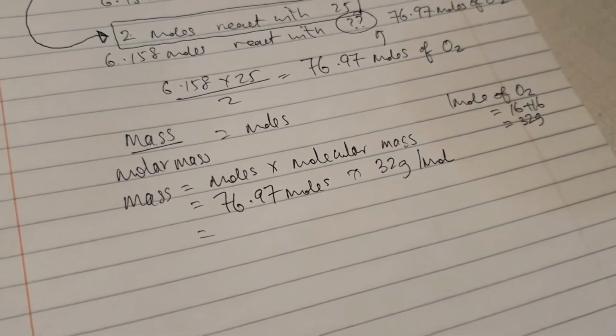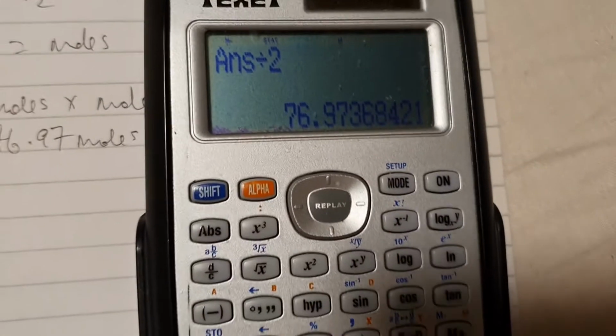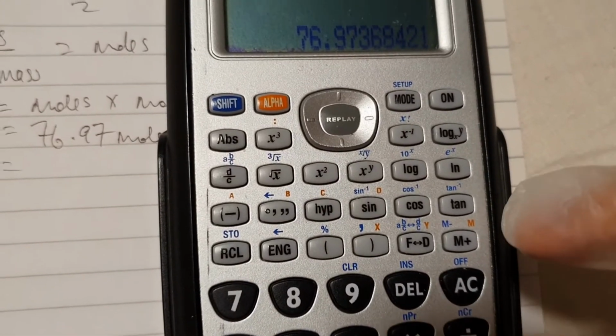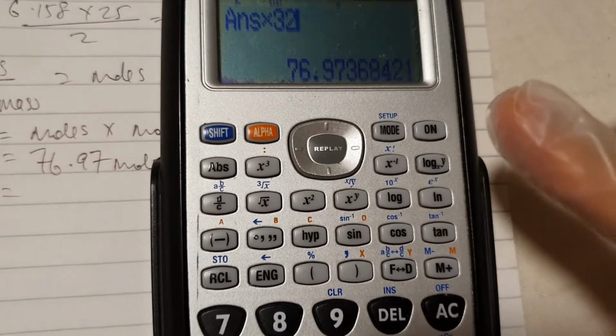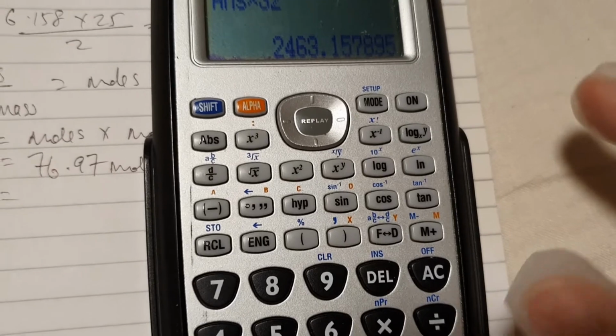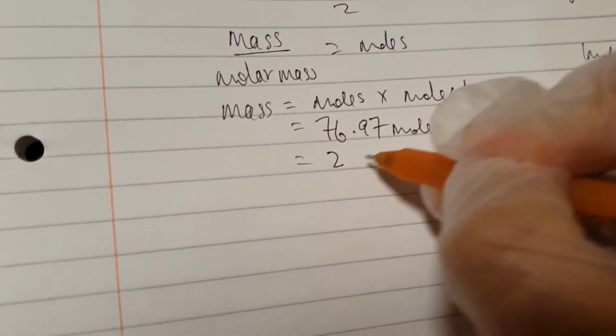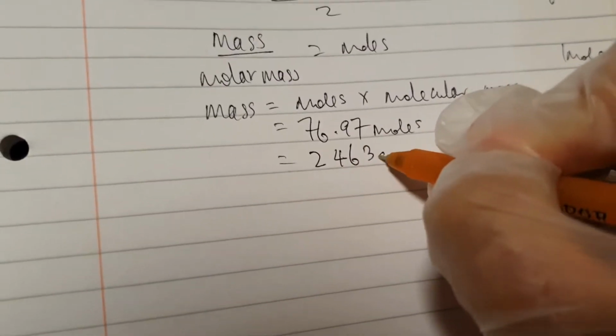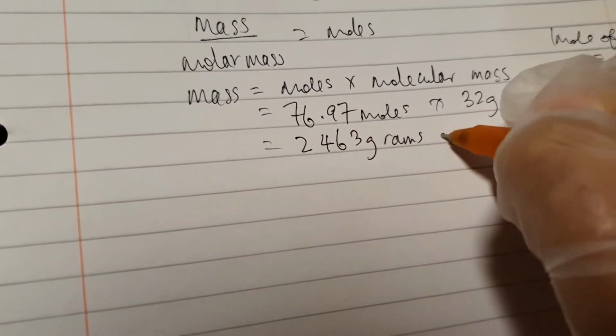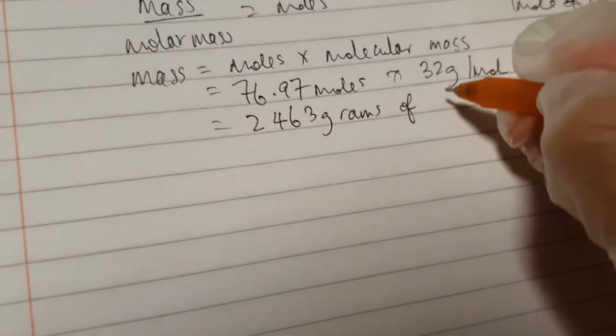If we times them together, 76.97 times 32, we get the answer 2463 grams of O2.